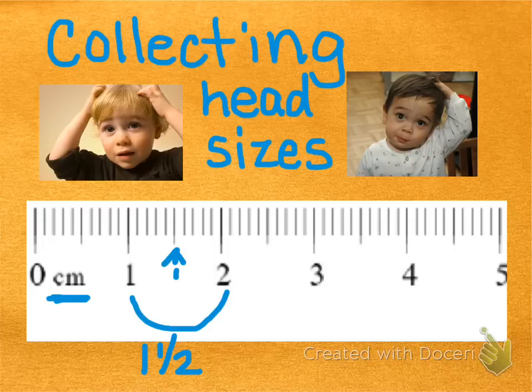If we get almost to the 2, so let's say that we're somewhere in here, then we're going to probably write 1 3/4. And if we are less than 1/2, we're going to probably write 1 1/4.